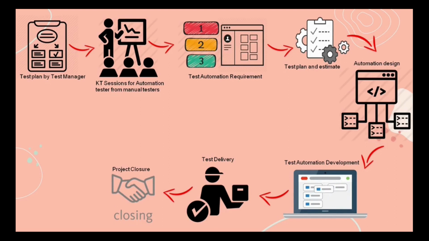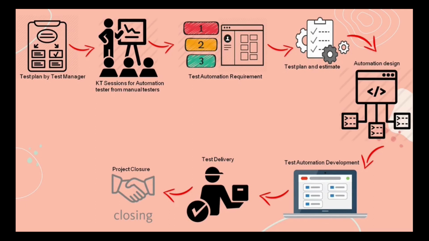So this is the entire process of the software testing lifecycle, in which we have the KT session first. That is, the manual testers give the KT sessions to the automation testers, explaining the features and functionalities. And then we have the test automation requirement, in which we prioritize our manual test cases, and we need to understand what are the web elements we need to interact with.